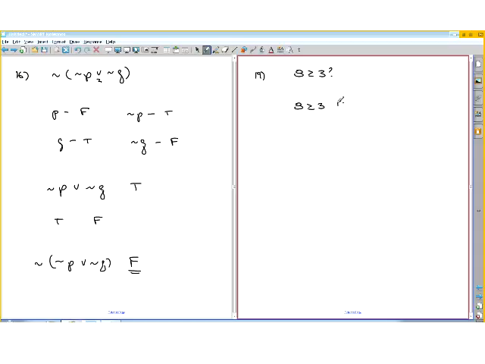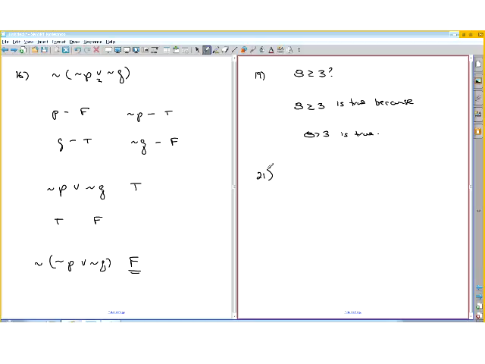It says 8 is greater than 3 is true because 8 is greater than 3 is true. I'm not quite sure what that means. Okay. Oh well.